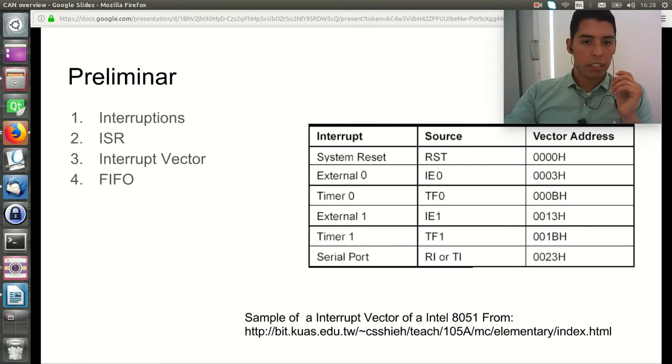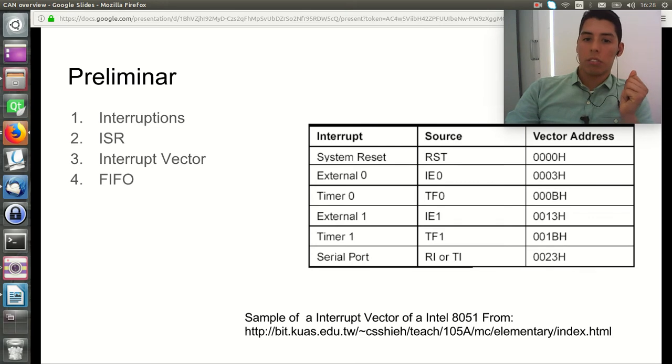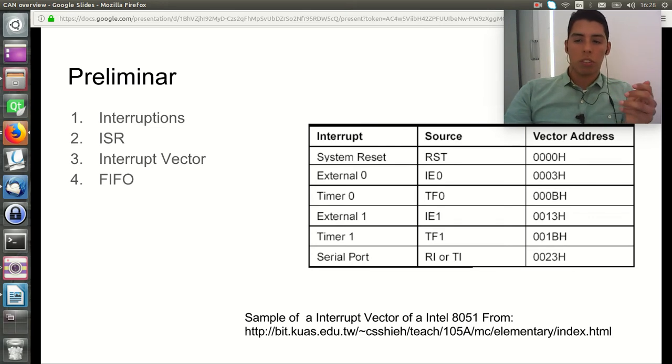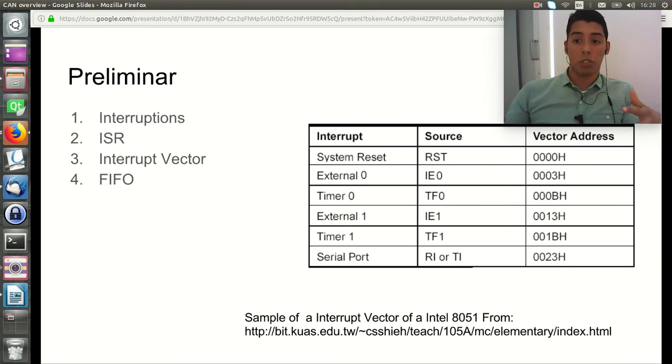Slides preliminaries, and we're going to talk about interruptions. Before beginning with CAN, let's know these concepts. First, the host processor uses interruptions to catch CAN frames. Those interruptions alert the host processor when CAN frames are available.